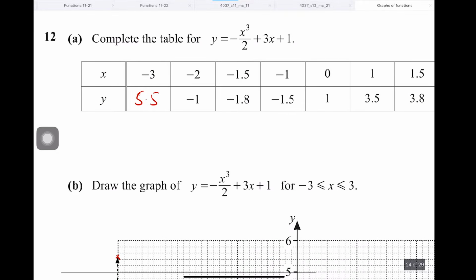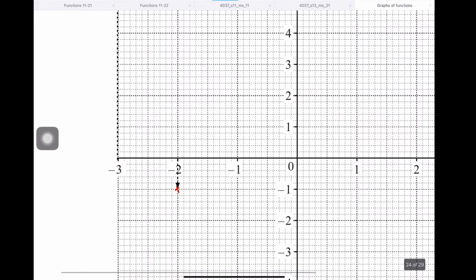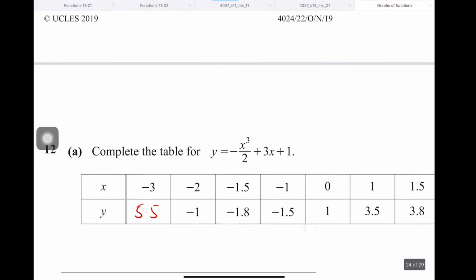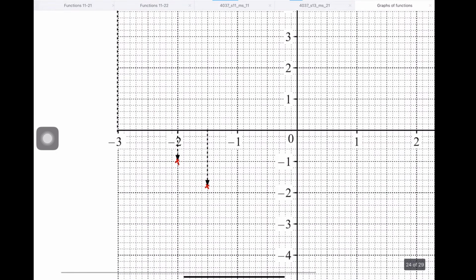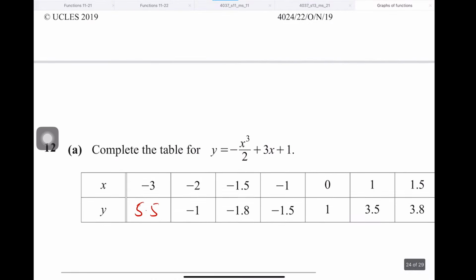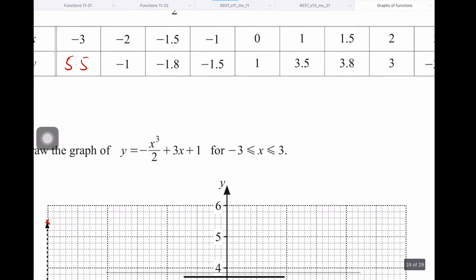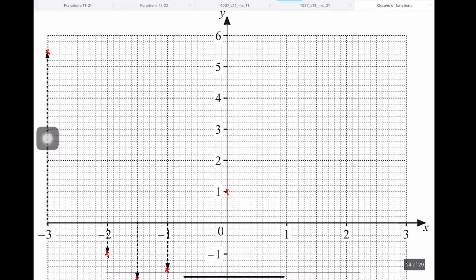And then at -1.5 it's -1.8. So here's -1.5, here's -1, -1.2, -1.4, 0.6, 0.8. There you go. So at -1 we have -1.5. So here's -1, here will be -1.5. At 0 it's 1, so pretty easy to mark. At 1 it's 3.5.